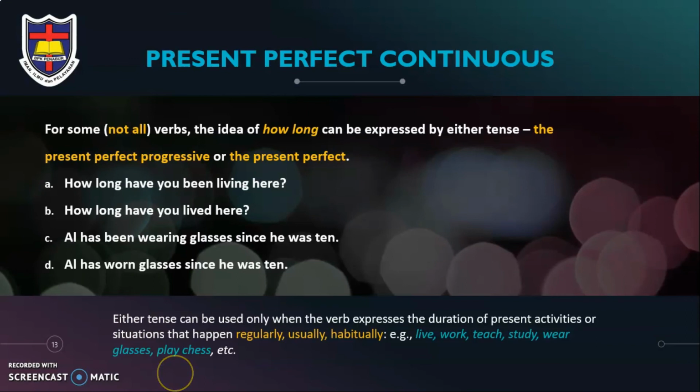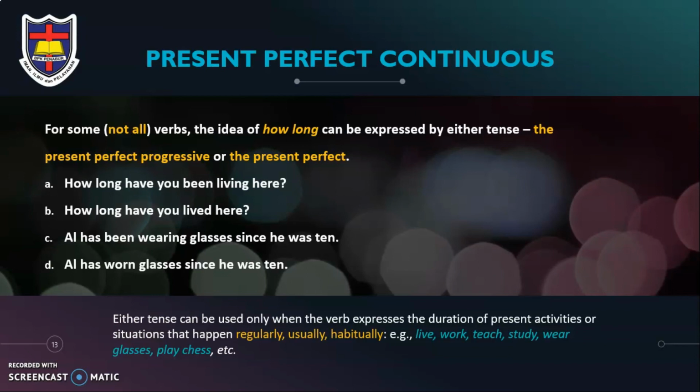Yeah. On this slide, we are going to talk about how long. For some, or all verbs, the idea of how long can be expressed by either tense, present perfect progressive or present perfect. How long have you been living here? Or how long have you lived here? Or another example, Al has been wearing glasses since he was 10.